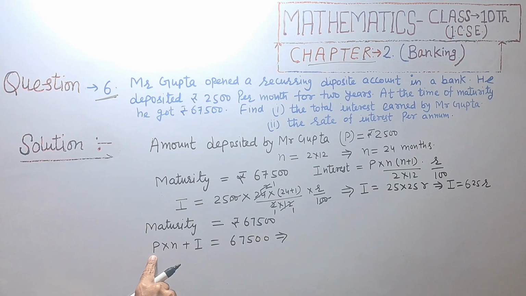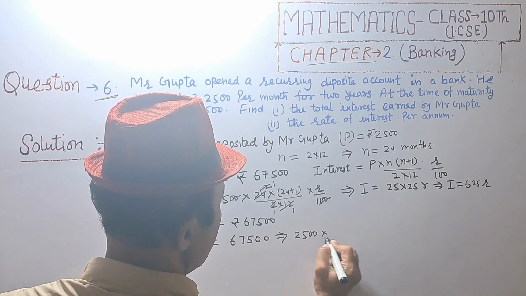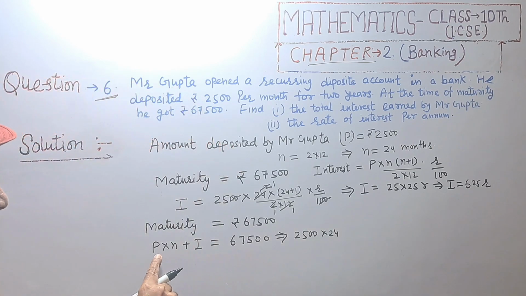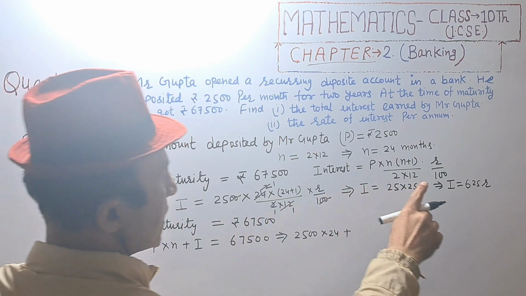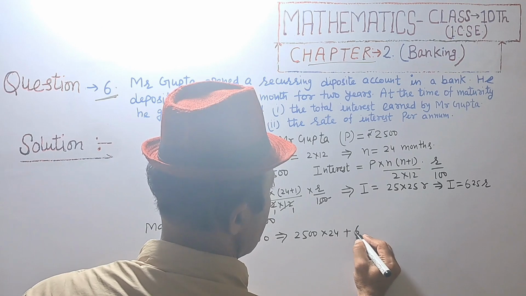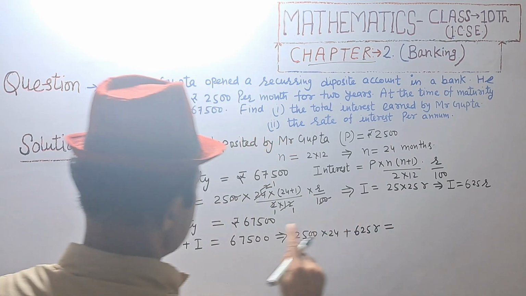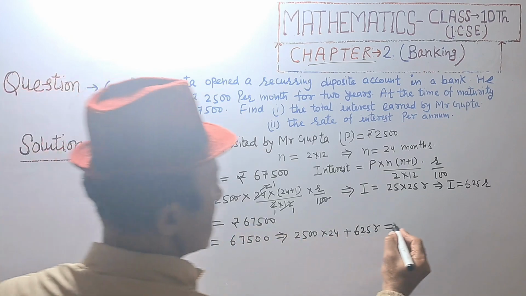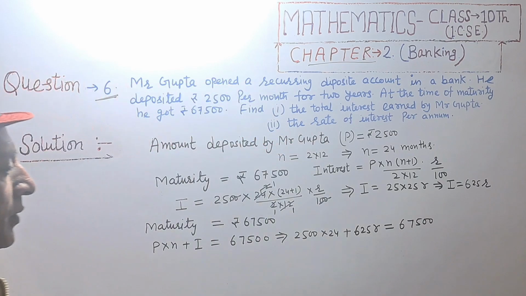Which implies P into N, 2500 into 24, plus interest 625 R, that is equal to 67500.